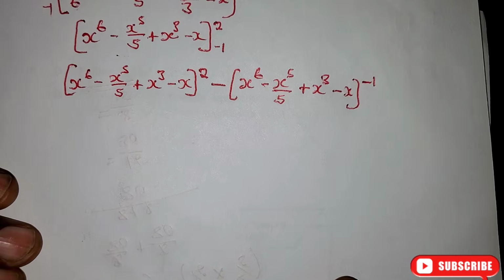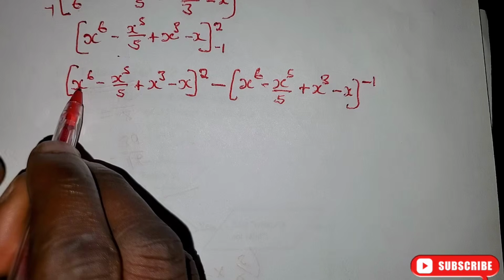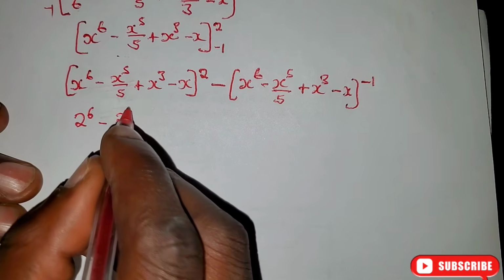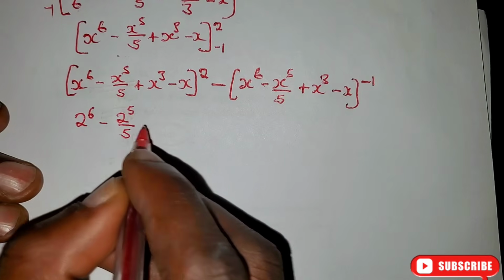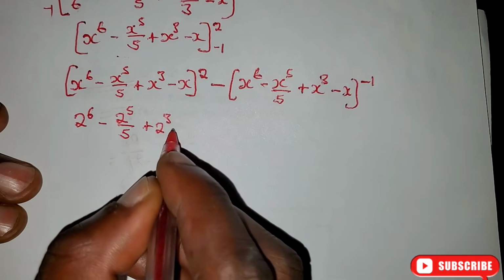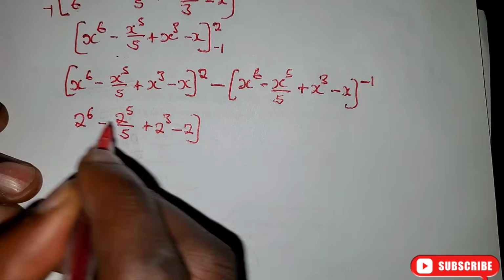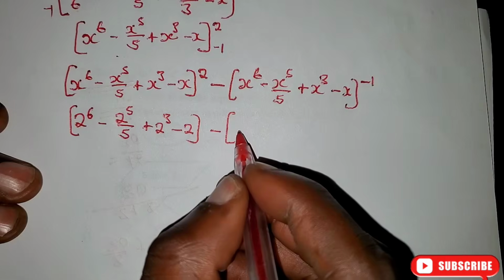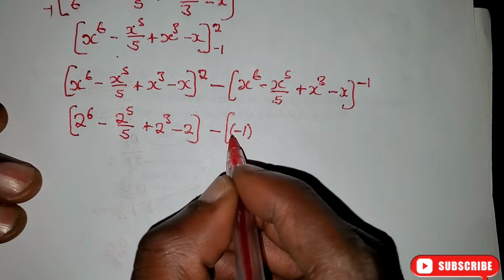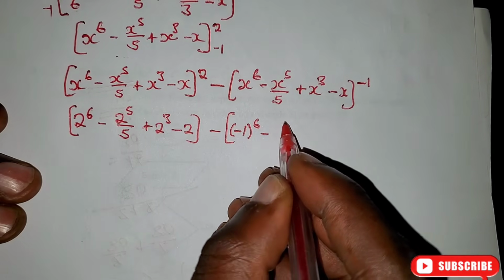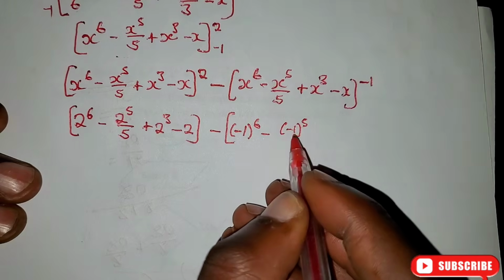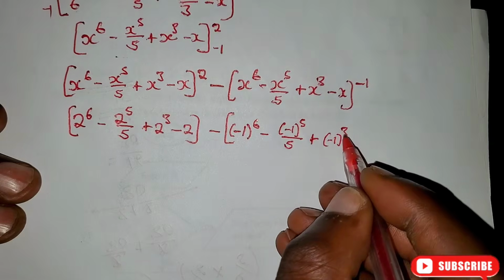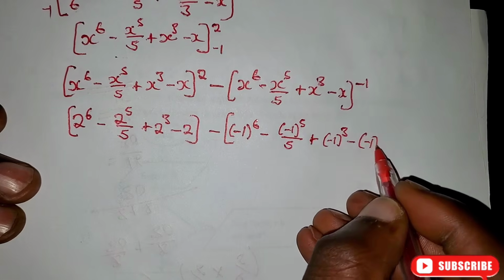Then let's substitute. We have 2 to the power 6 minus 2 to the power 5 over 5 plus 2 to the power 3 minus 2. I've just substituted x with 2. Then here it will be negative 1 to the power 6 minus negative 1 to the power 5 over 5 plus negative 1 to the power 3 minus negative 1.